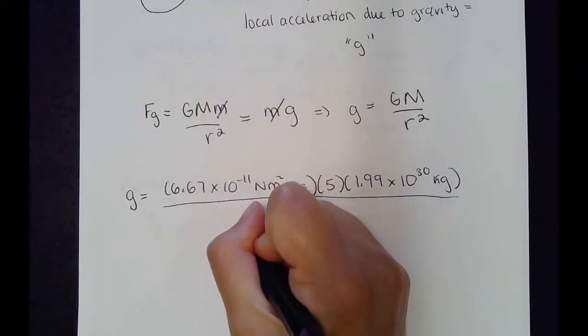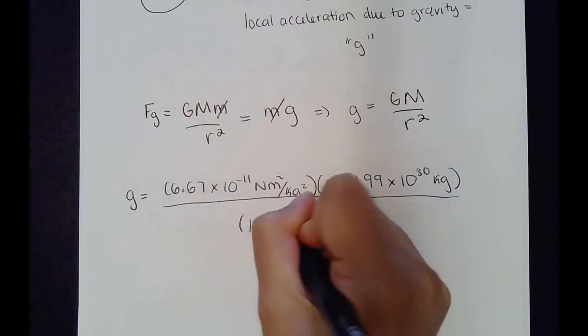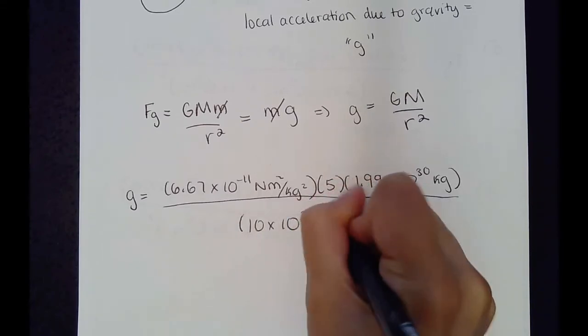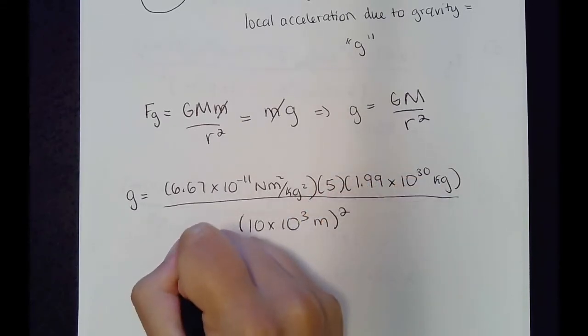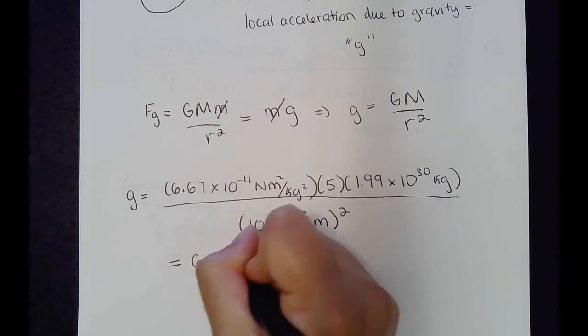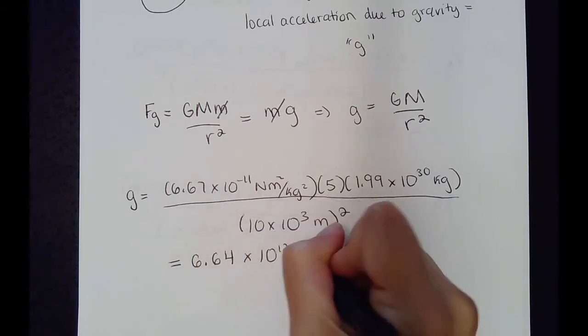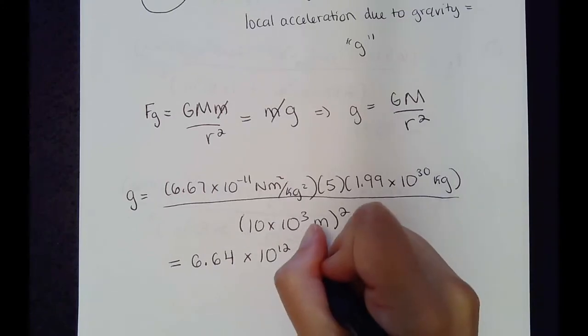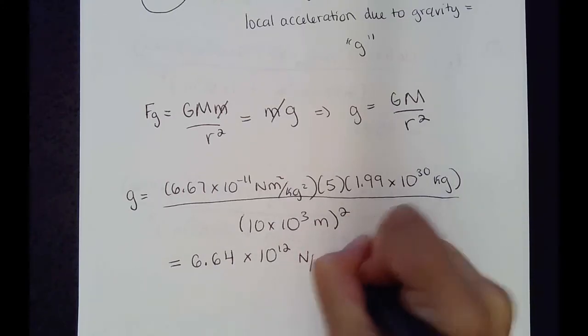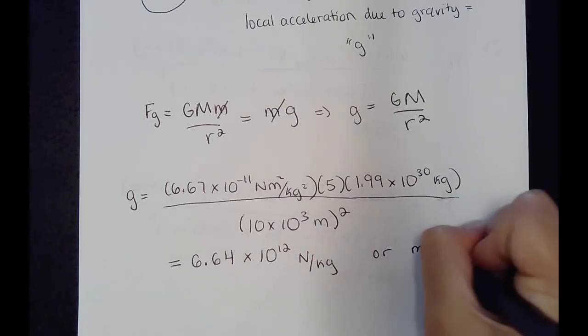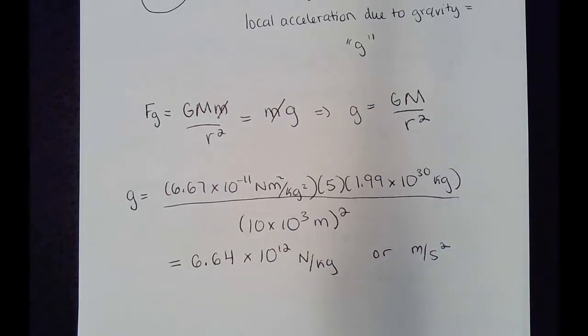So this is going to be divided by 10 times 10 to the 3 meters squared, which gives a surface gravity, it's very, very high, of 6.64 times 10 to the 12. And the units here you can see again are newtons per kilogram or meters per second squared. Those are both of the units that work for g that are equivalent here. So we can see that this very massive object that's packed into a small diameter gives a very high surface gravity.